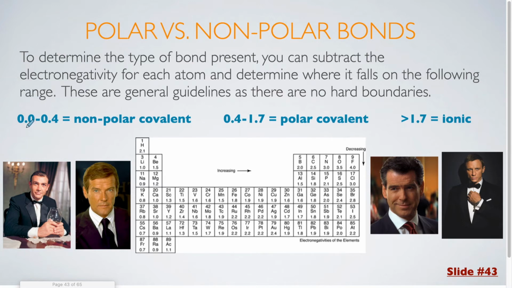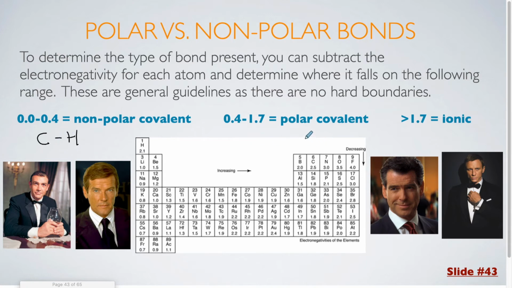If you have a difference going up to 0.4, it could also potentially be a nonpolar covalent. The most common example that you're going to see in this class for this is when you have carbon bonding to hydrogen. Even though these are two different atoms with different electronegativities, their difference is so small that the electrons are essentially shared right in the middle.